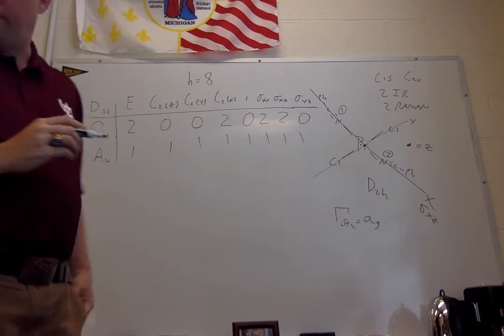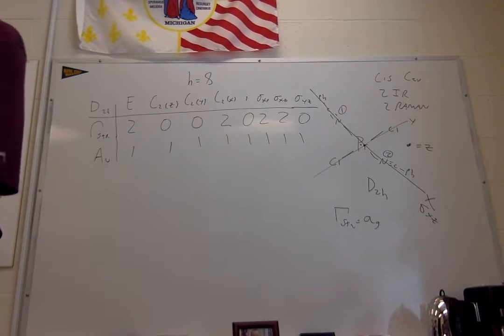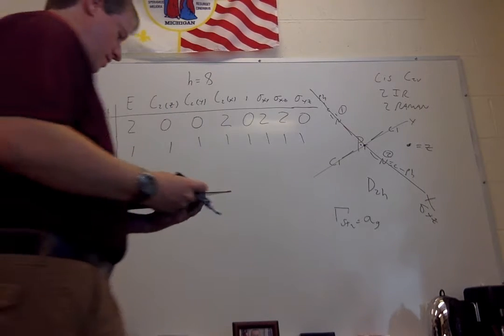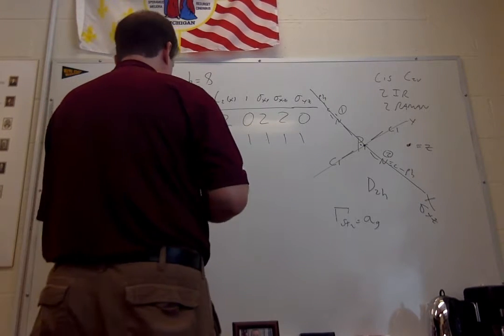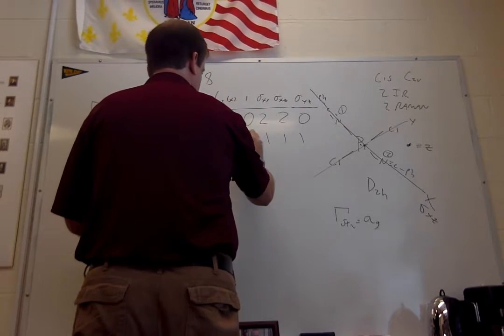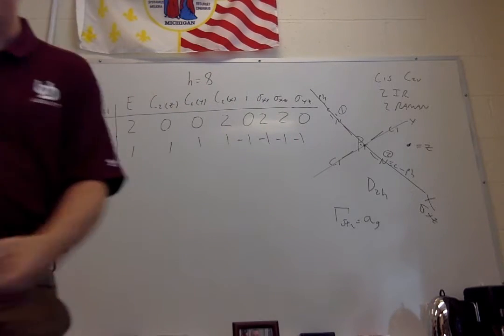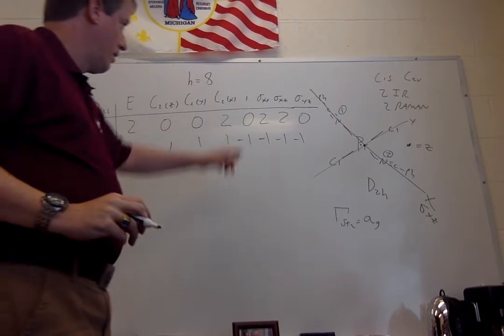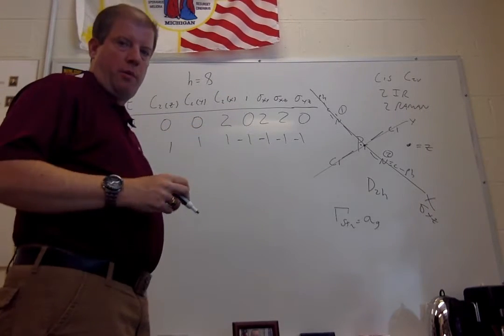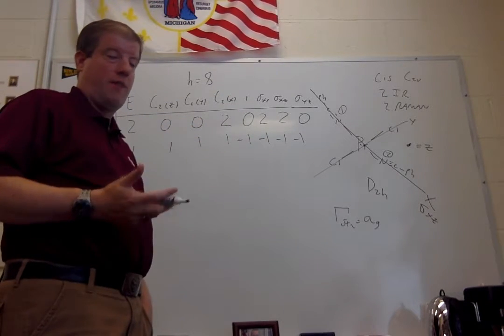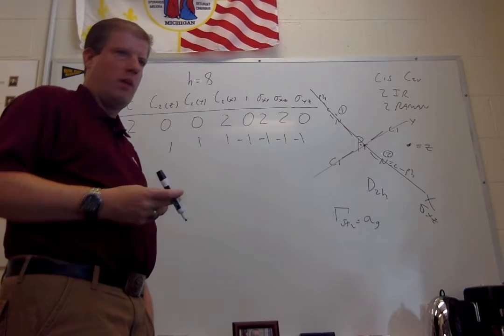How about AU? That's the one where we have all the negative ones on the one side. Notice that is a -1 with respect to the inversion center, which is a definition of ungerade, uneven.